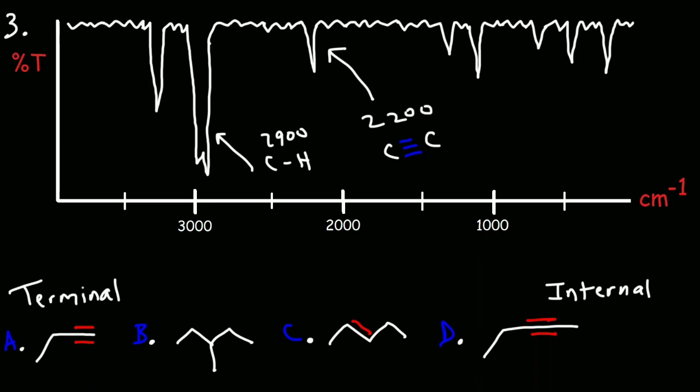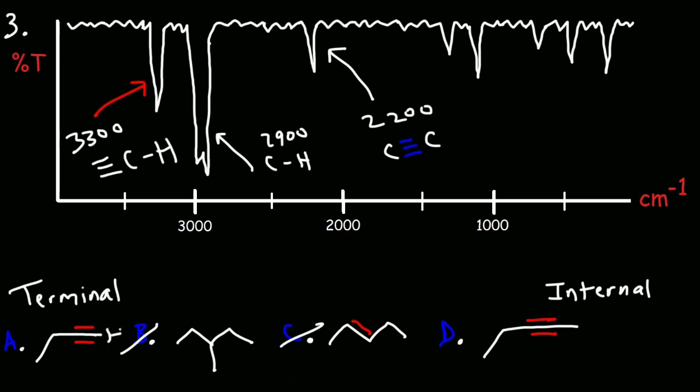So we do have a triple bond in this problem. We have an alkyne. So we could eliminate answer choice B and C. The question is, is it a terminal alkyne or an internal alkyne? To find that out, we do have another signal here, which is around 3300, and this corresponds to the alkyne CH stretch, which is only present for a terminal alkyne.